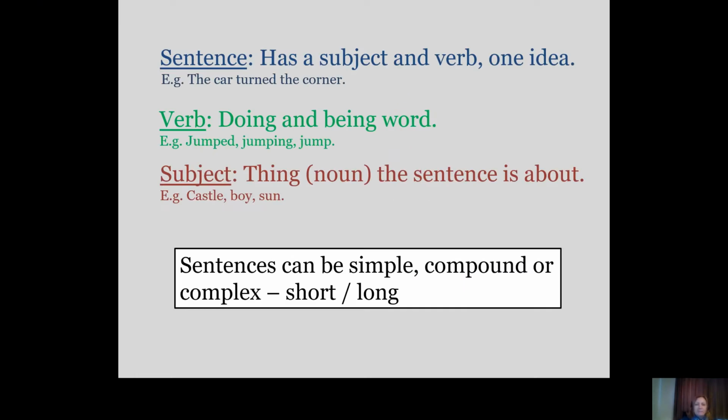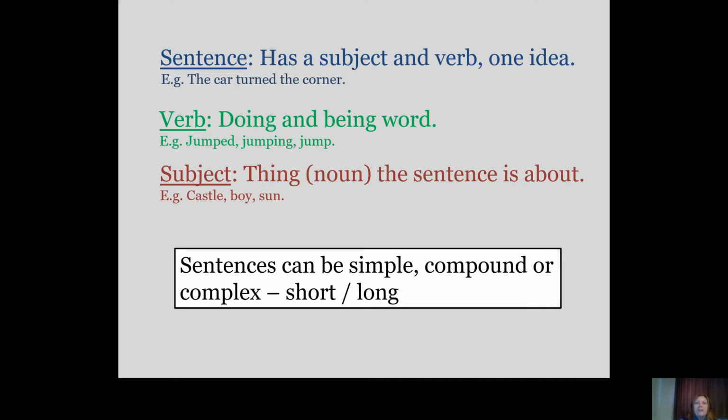So then, let's start with the sentence. I did say some of this would reflect back onto the punctuation stuff we looked at last week, and we did talk about subjects and verbs. A sentence has to have a subject and a verb. It's generally one idea, a simple sentence that children start off with. Simple sentences will have a subject, so the person or thing it's happening to, and the thing that happens, the doing word.